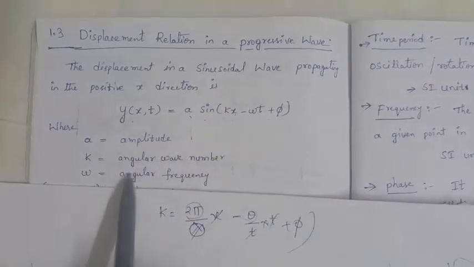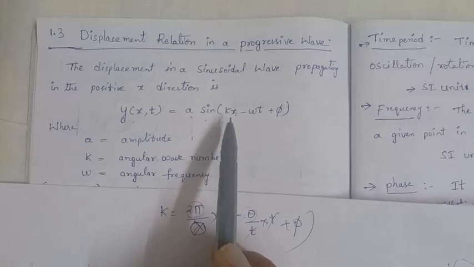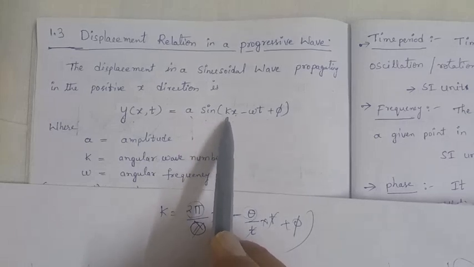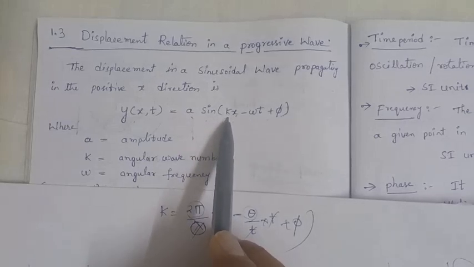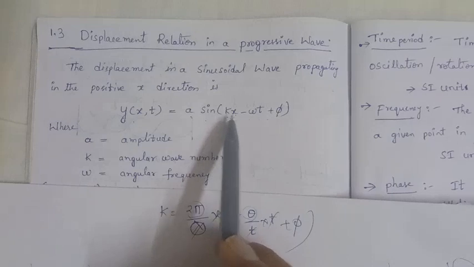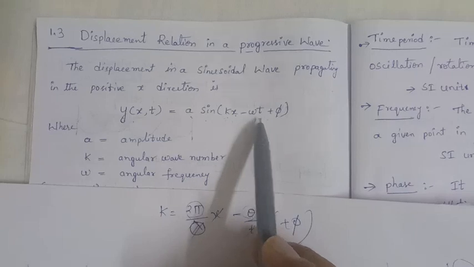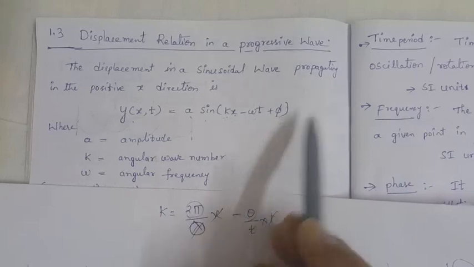K means angular wave number. You have to remember k is equal to 2 pi by lambda. How to get it, that expression I will explain further. And omega is equal to 2 pi nu. It is the angular frequency. And phi means initial phase.